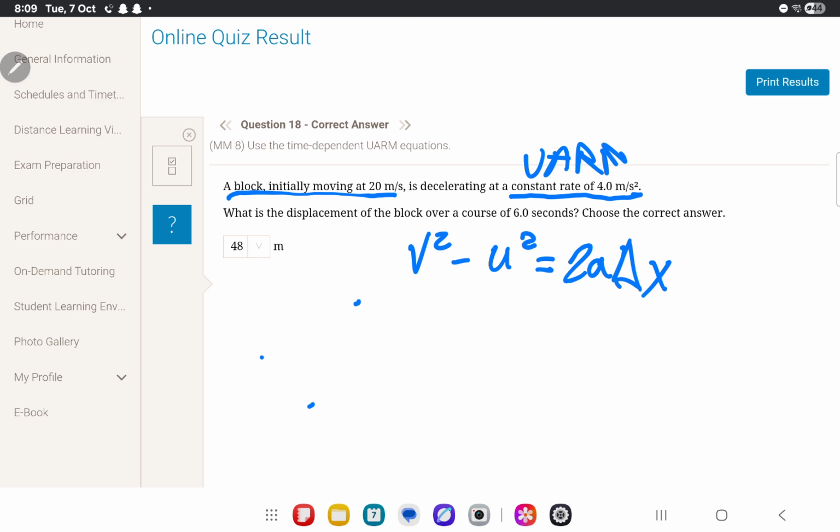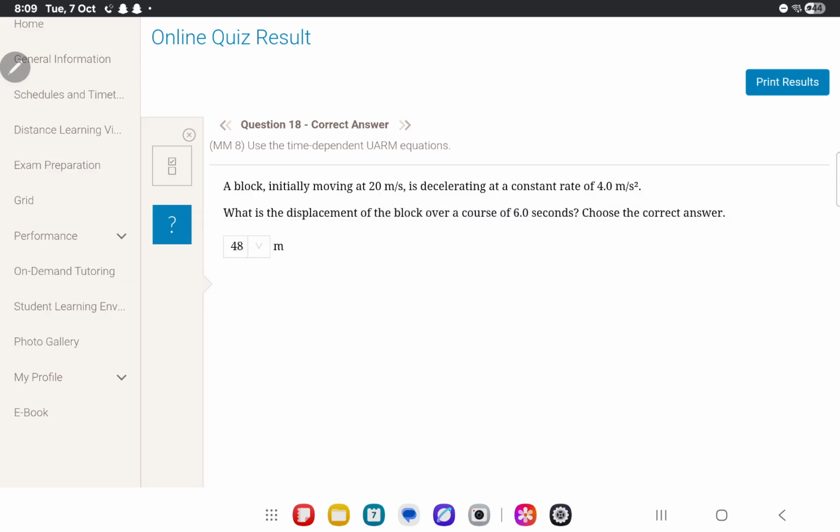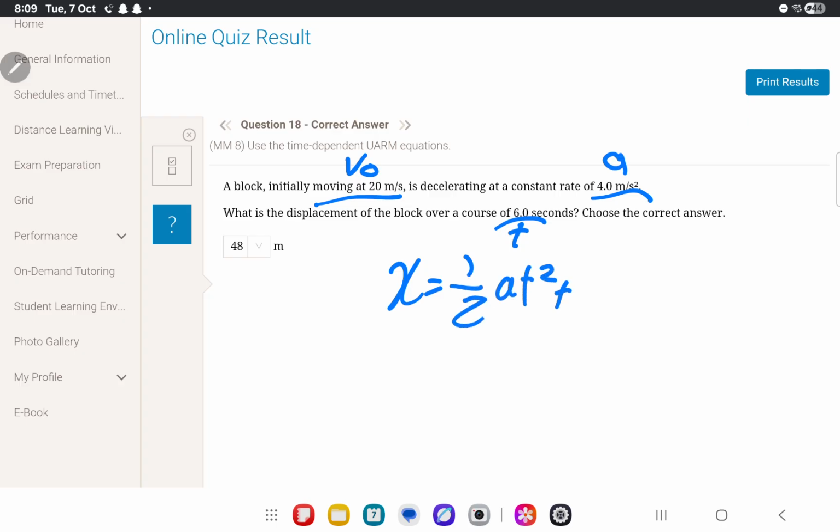Okay, so V squared, we don't have it. No wait, we do have time. Why didn't I read that? I didn't see that. This is V0, right? We don't have V final. We have A and we have T. My bad, I did not read. Okay, so x is equal to half AT squared plus V0t plus x0.